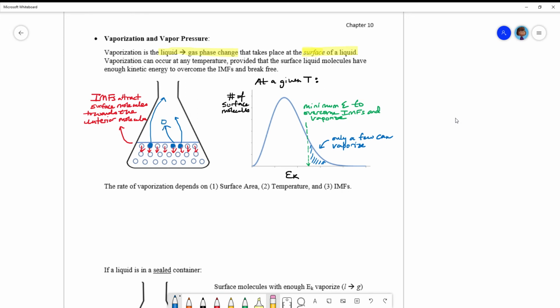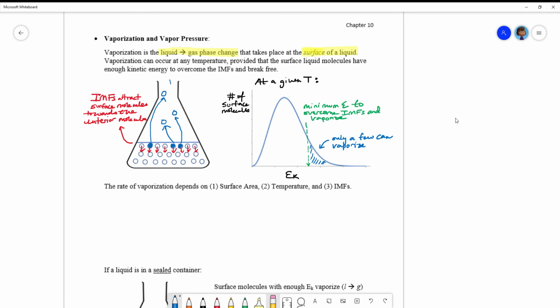And let's draw them over here, being little free molecules. Now they're entering the gas phase. And this is the process by which liquids gradually vaporize. So every new layer of liquid that is exposed, only a few of the surface molecules which have enough kinetic energy can break free and become gases.